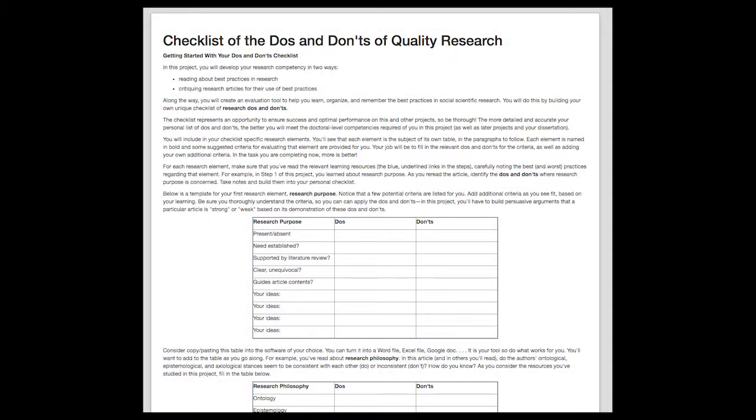The goal of both is the same: to put together a curated personal resource that allows you to distill all of your learning about methods into an actionable self-guidance resource. This is consistent with your development to become an independent, evidence-based scholar practitioner.